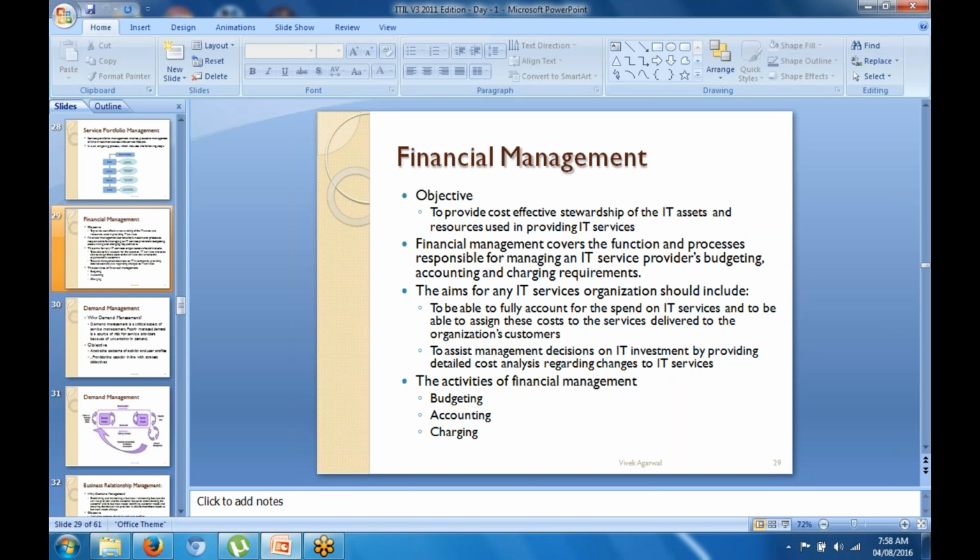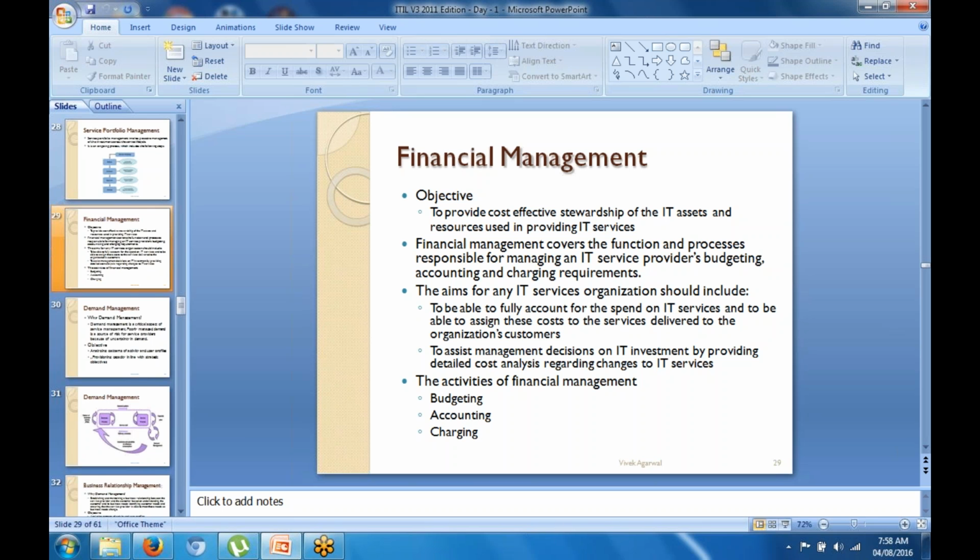The objective is to provide cost-effective stewardship of the IT assets and resources used in providing IT services. Financial management covers the function and processes responsible for managing an IT service provider's budgeting, accounting, and charging requirements. So this is a specific financial department.